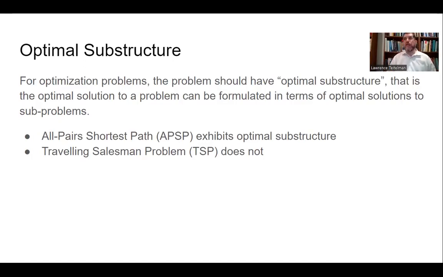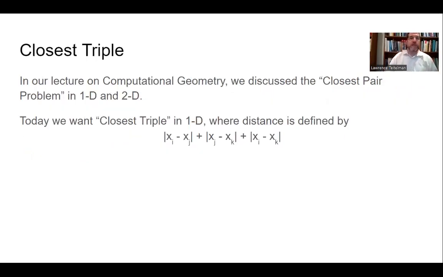It turns out that the fastest way of getting to every city depends on how to get to cities that are closer. So that's what we call optimal substructure. For other problems, such as the traveling salesman problem, where I need to go from one city to every other city in one cycle, that does not have optimal substructure. So dynamic programming is not going to work, at least not for the optimal solution.